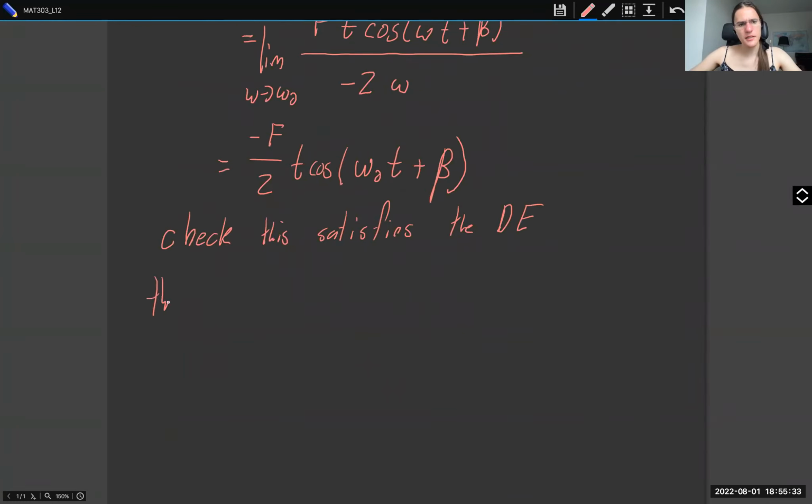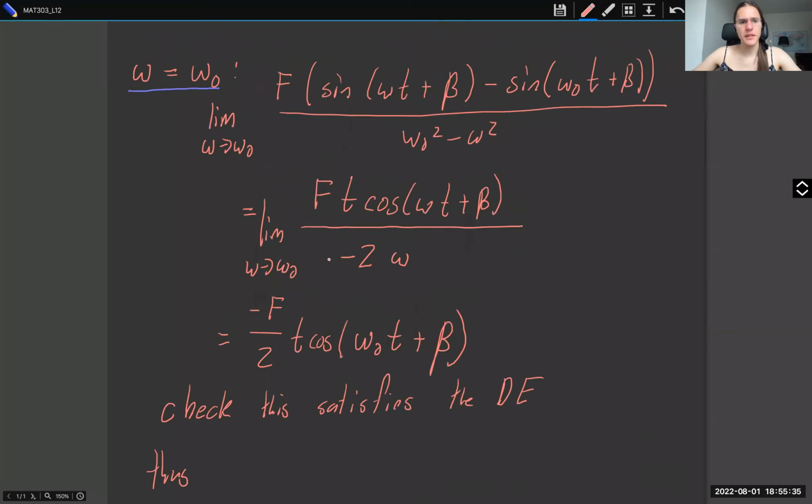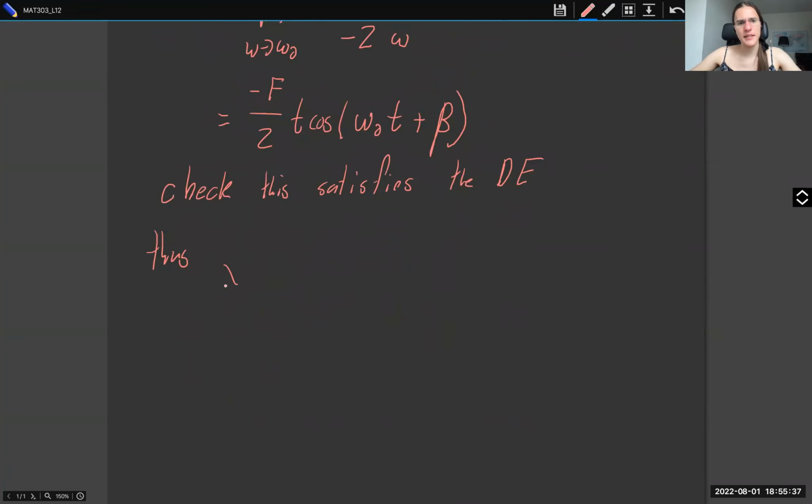Thus, the general solution is going to be that x is equal to, let's say, some term c times sine of omega naught t plus delta, and then minus f over 2.